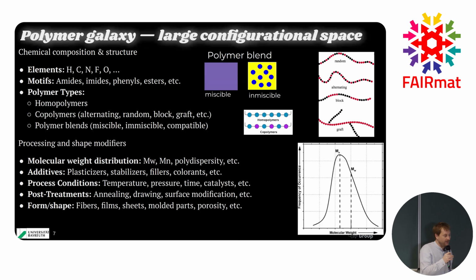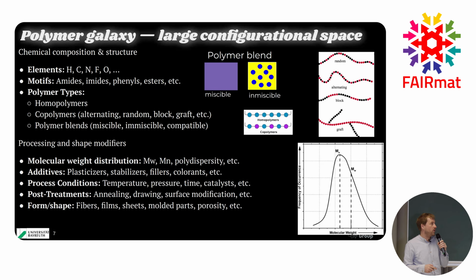I told you it's a large configuration space, and if you want to visualize this universe, you could say that it contains these things. First of all, we have different elements in the polymer structures. We have different motifs. We have different polymer types: homopolymers, copolymers, polymer blends.